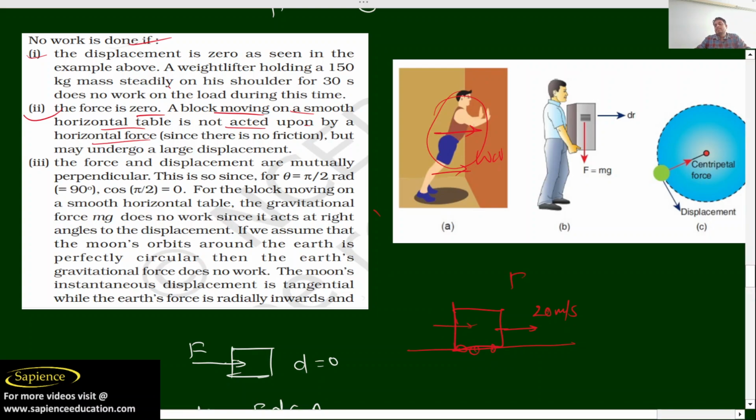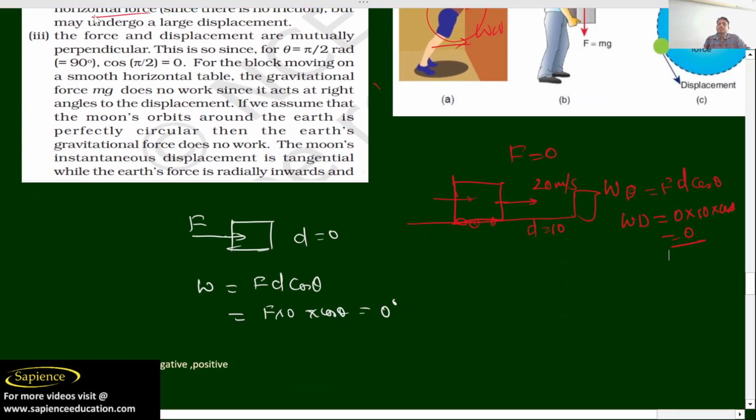So if friction force or any external force is 0, what will be the work done? Work done is equal to F d cos theta. In spite of displacement d, suppose d is equal to 10, so work done will be equal to 0 into 10 into cos theta, so this will be 0 only. So this is the second case.